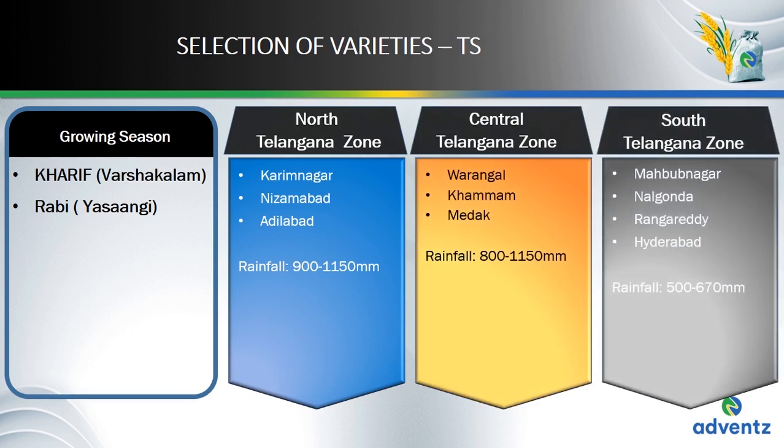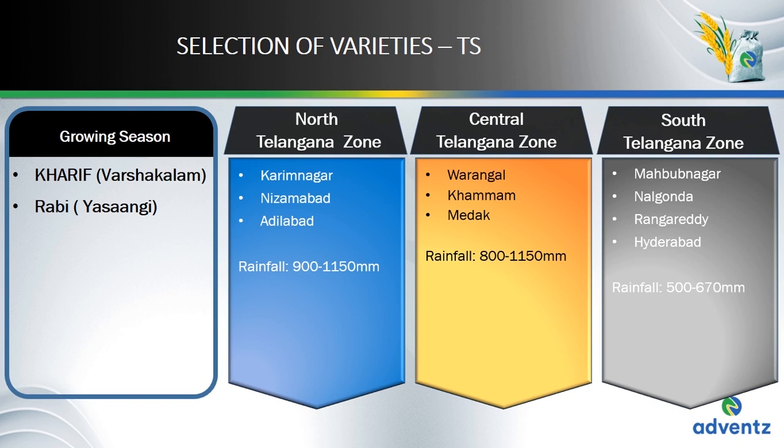The North Telangana zone of Telangana state constitutes Karimnagar, Nizamabad and Adilabad. The normal rainfall ranges from 900 to 1150 mm. The Central Telangana zone are Warangal, Khammam and Medak.